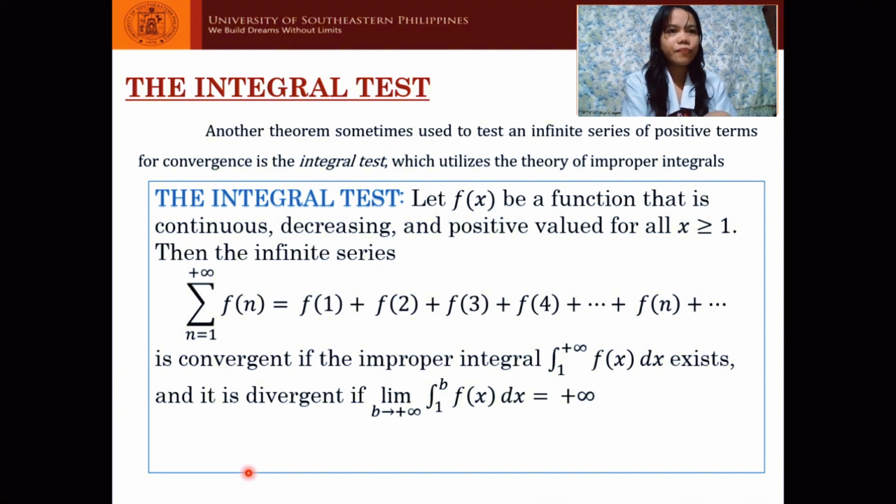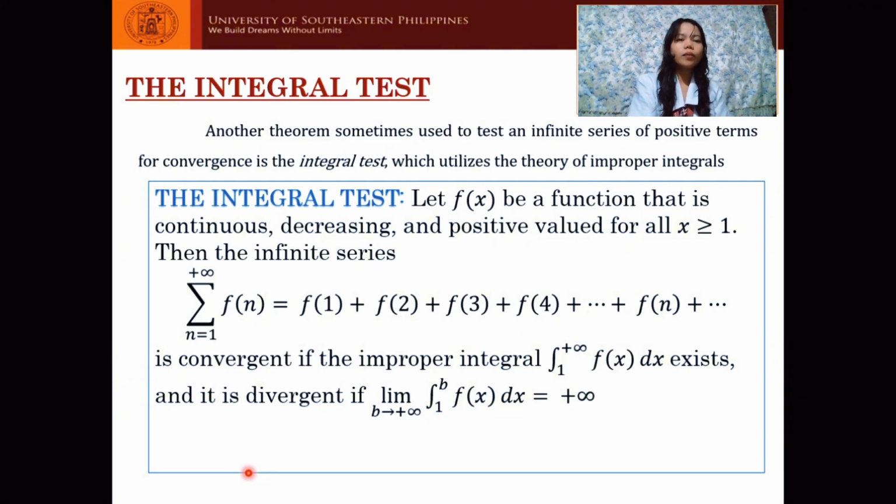Then the infinite series, the summation of f of n from 1 to positive infinity, equal to f of 1 plus f of 2 plus f of 3 plus f of 4, and so forth, is convergent if the improper integral of f of x from 1 to positive infinity dx exists, and it is divergent if the limit of the integral of f of x dx from 1 to b equals positive infinity.